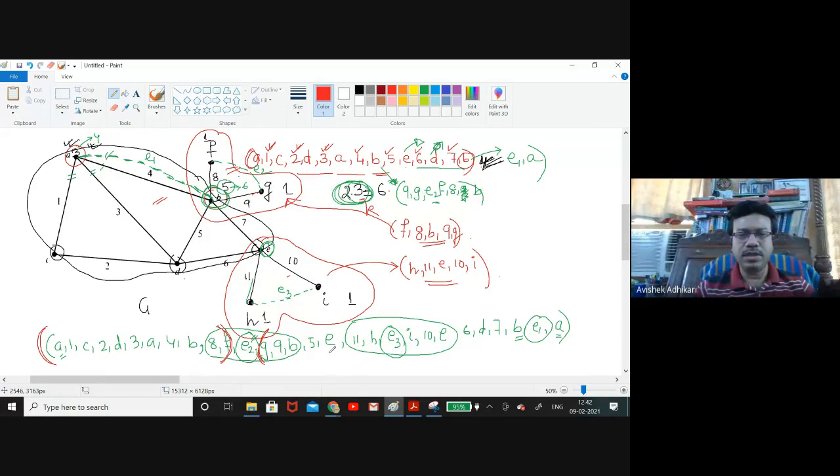I think it's something else. I think it's 9, not E. No, not 5. From B I have gone to this by using 9, and it goes to G actually.